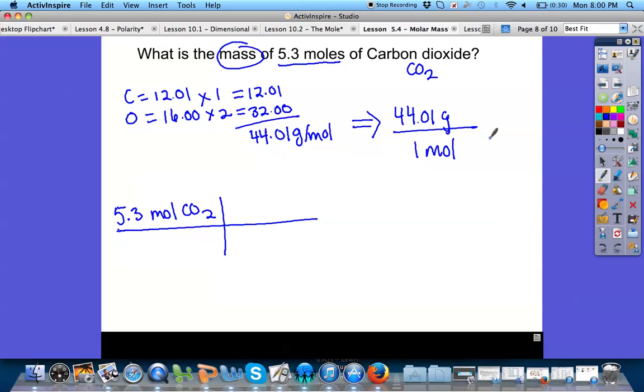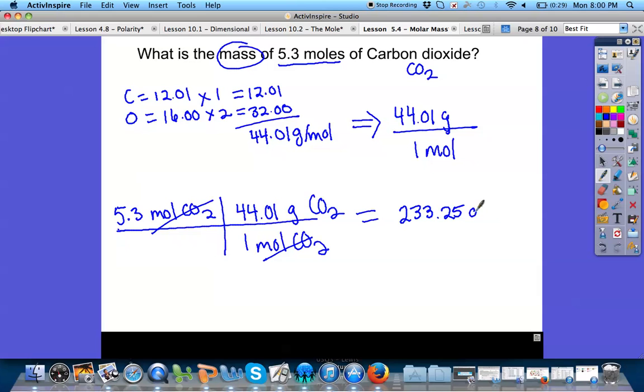These are equal to each other, so I can flip it either way. Well, I have moles on the top here, so I want moles on the bottom here, so I don't need to do anything to it. And this is 44.01. So moles of CO2 are going to cancel. We're going to take 5.3 times 44.01, and you should get 233.25 grams of CO2.